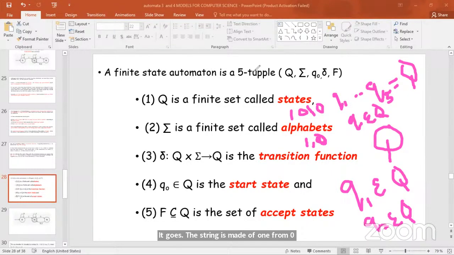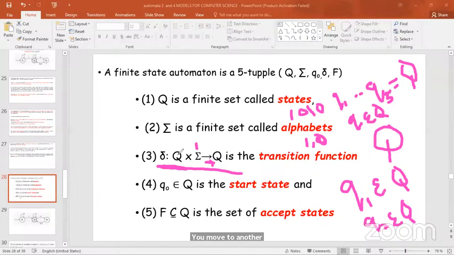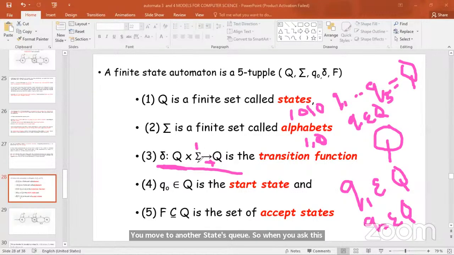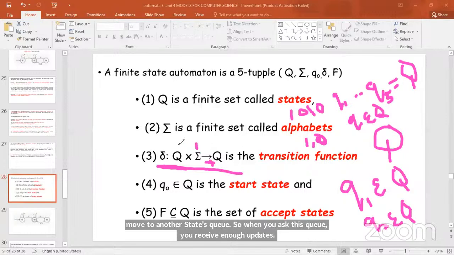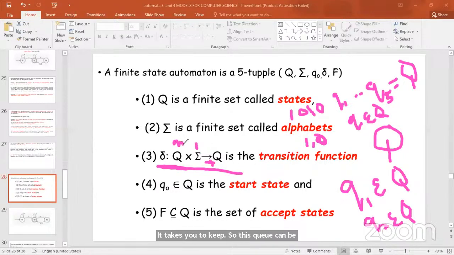When you look at delta, I'm sure you know we were explaining what delta was the other time, a transition function, which is Q, upon the receipt of any of these alphabets, which is the input, you move to another state Q. So when you are at state Q, you receive an alphabet, it takes you to Q. So this Q can be Q1, and this other Q can be Q3.